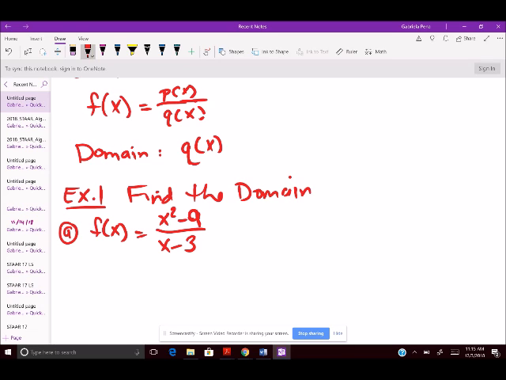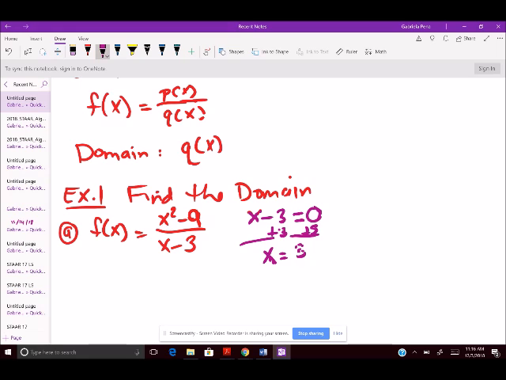If it says find the domain, earlier I said domain only deals with what part of your equation? The bottom part. So I'm going to take the bottom part and put x minus 3. We're going to set it equal to 0. And we have to solve for x. That means I have to add 3. And that right there becomes x equals a what?